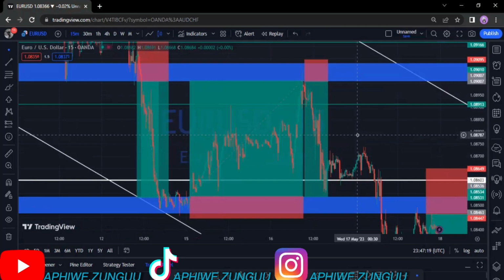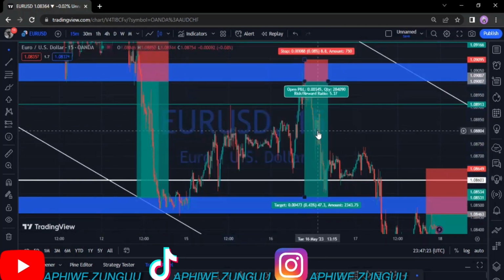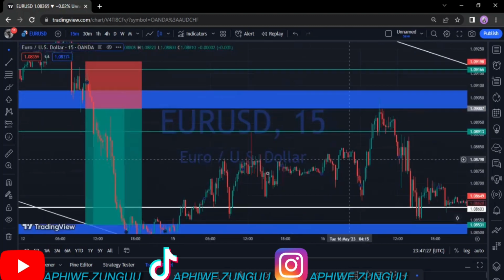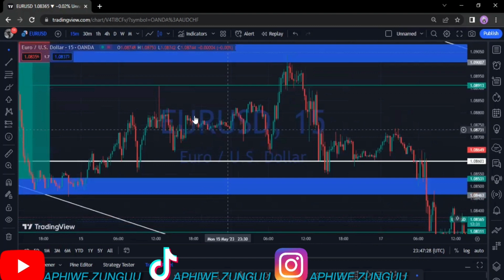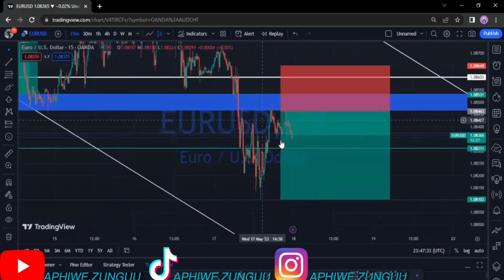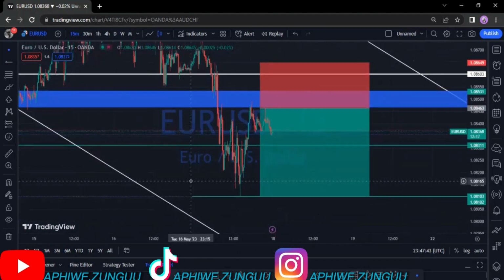For instance, let me remove all of this. Let's just say we have this trade right here, as you can see. Our target is over here, our nearest support area.